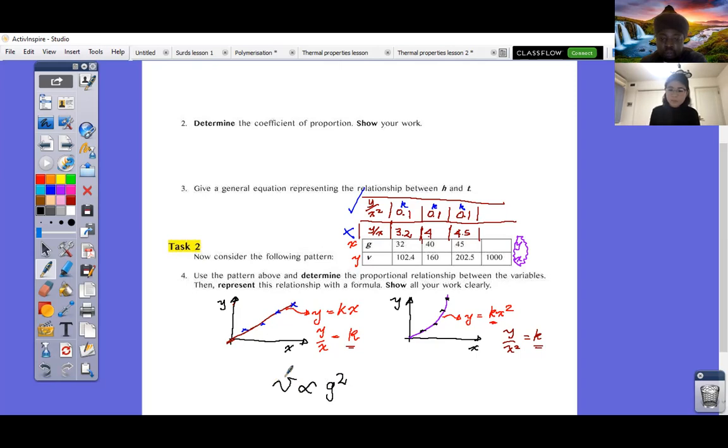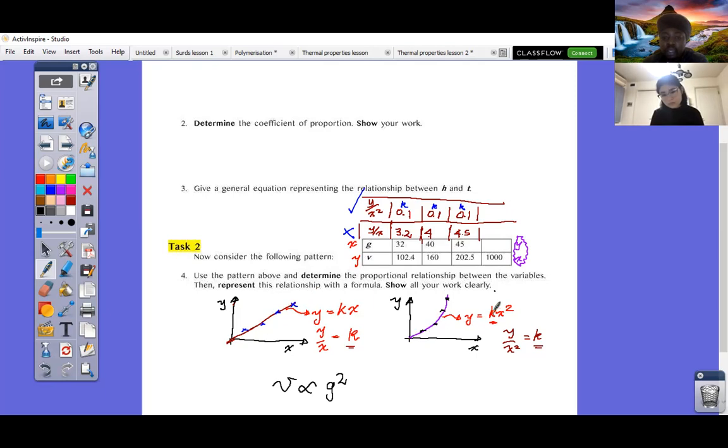And the next step in solving this, because it says use the pattern above to determine the proportional relationship between the variables, then represent this relationship with a formula. Show all your work clearly. So here I've shown my work in that I tried y over x, and I saw that the constant k was changing, so I knew it can't be a straight line relationship.